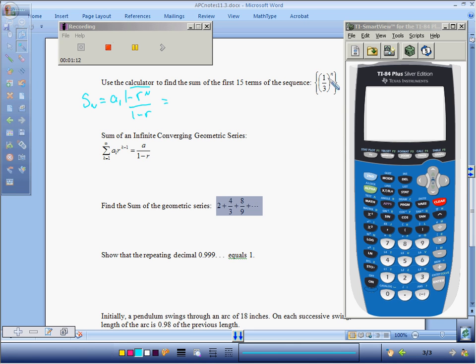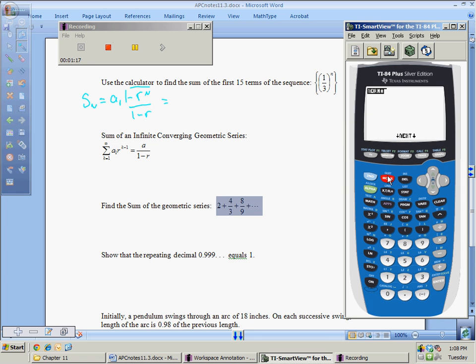Anyway, you're going to go to mode and make sure that you are in sequential mode, which I am. Actually, I don't even need to be in sequential mode. So I'm going to go second quit. Now I'm going to go second stat.